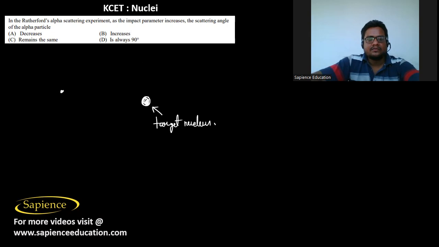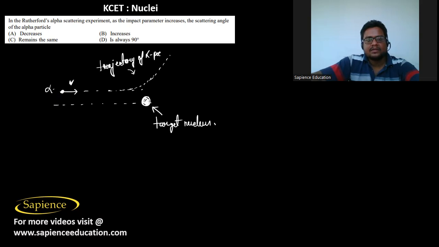If the alpha particle is incident like this with some velocity v, this is the alpha particle, then it will deflect. So the trajectory of the alpha particle will be like this. It will undergo some deflection.